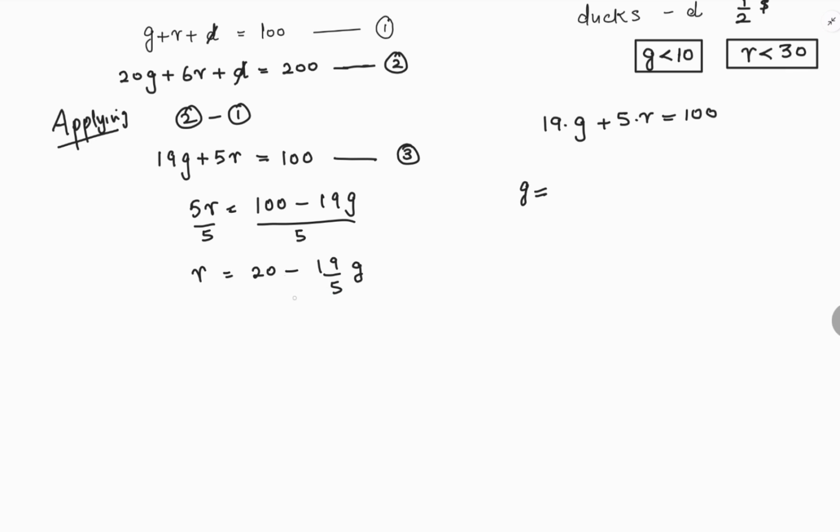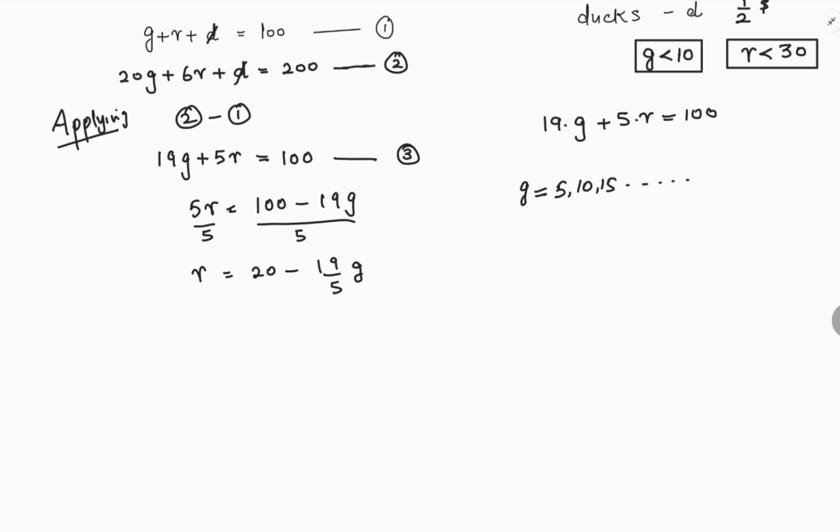If it will not be a whole number, then it is not possible, because R is number of rabbits. So this right hand side should also be a whole number, and this G should also be a whole number. So we can only take G as multiple of 5. Only then we can cancel out terms, right? So G can be 5, 10, 15 and so on, right?